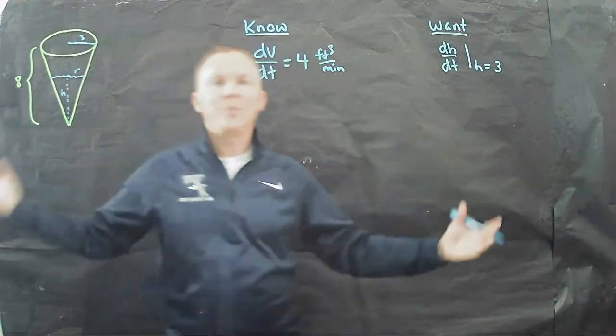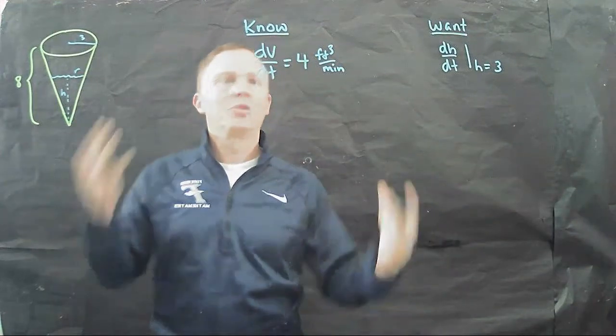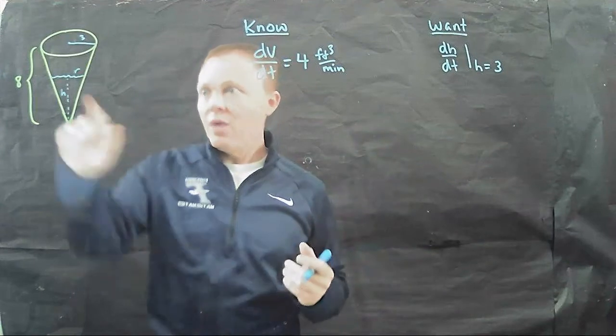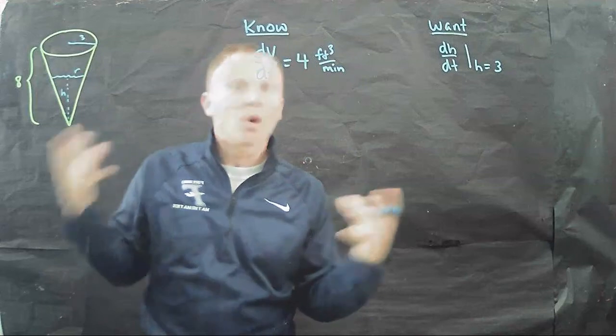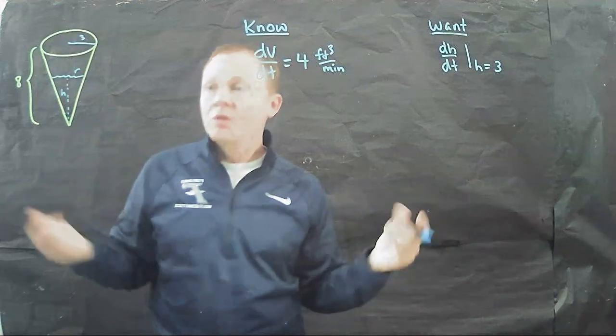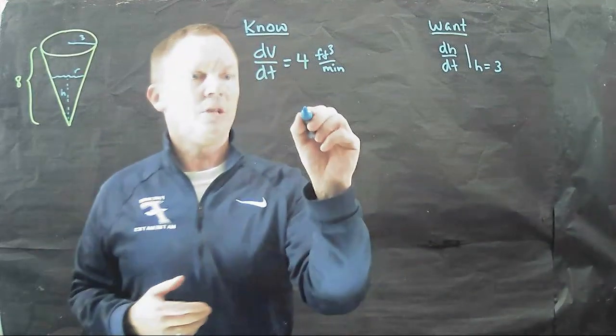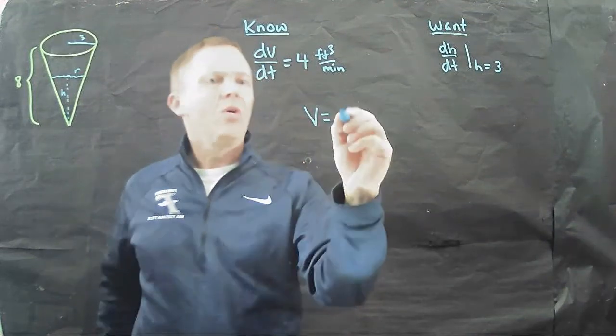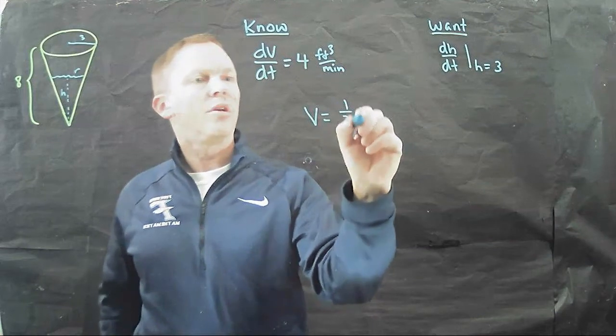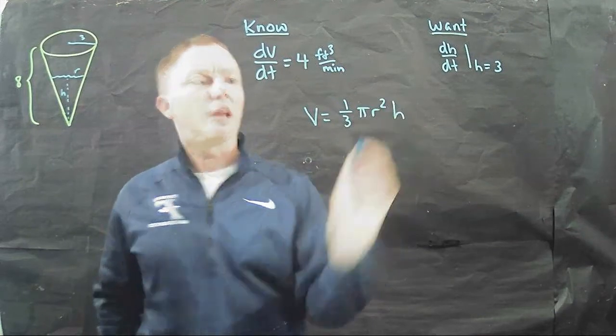Okay, now the next step is to find some sort of relationship between V and H. Well, if you think about this, water inside that cone tank is always going to take on the shape of a cone. So the volume of that water is just going to be the volume of a cone, which, in case you didn't know, is 1/3 pi r squared h.